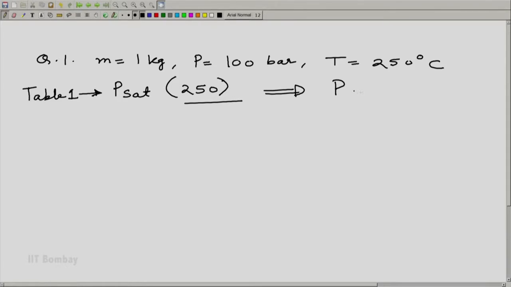So, Psat is 3.976 MPa, and obviously our P, which is 10 MPa, is more than Psat.